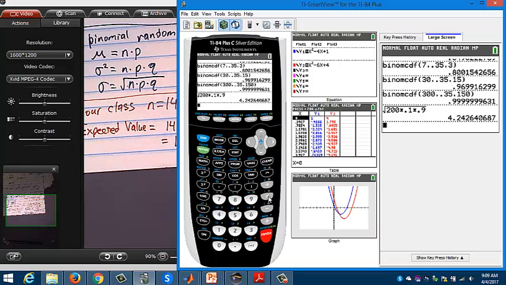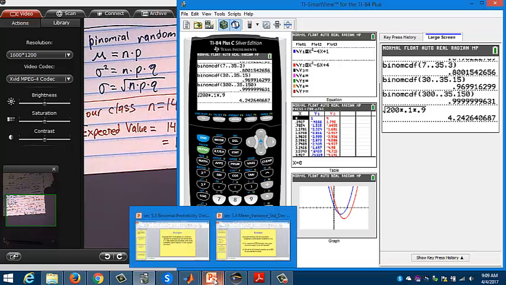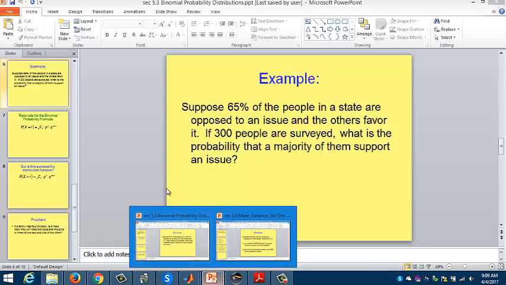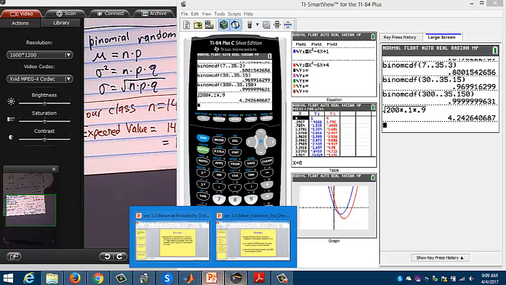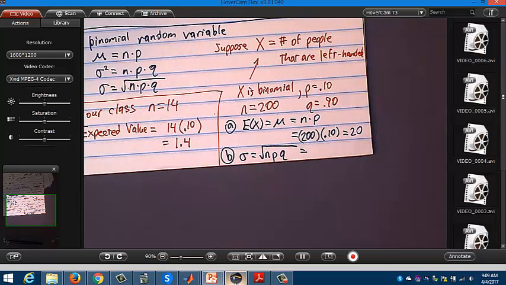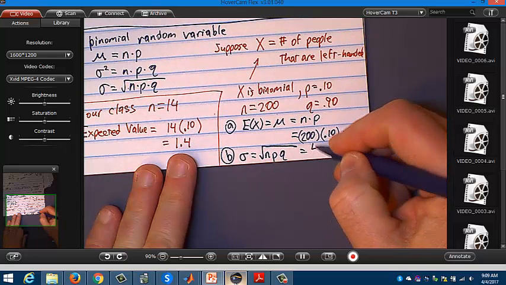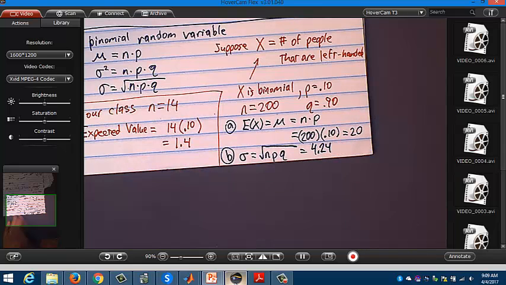Right? So somehow, that's what I'm at here, right? Here, let me go here. I computed that this is 4.24. And I guess the other fact we need is the following. More than 2 standard deviations away, that's considered unusual.